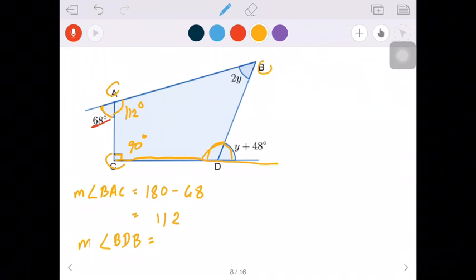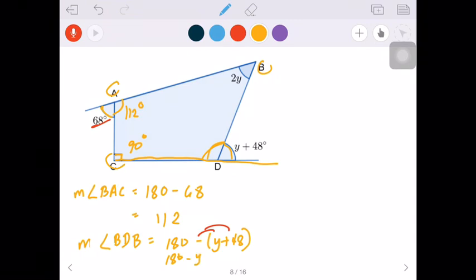So how do we do that? Since it's a linear pair, it could be 180 minus (y plus 48). And if you want to further simplify this, you have to distribute the negative sign. This will be 180 minus y minus 48.